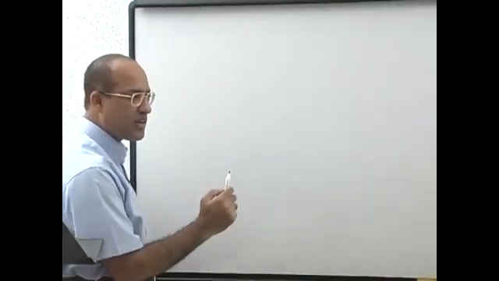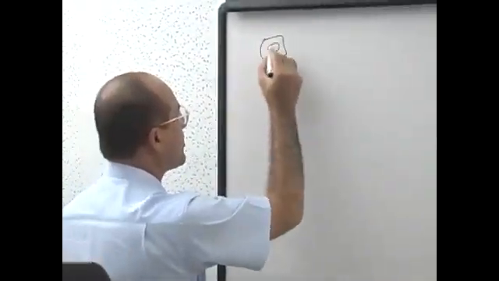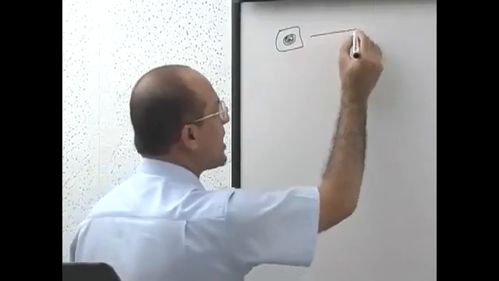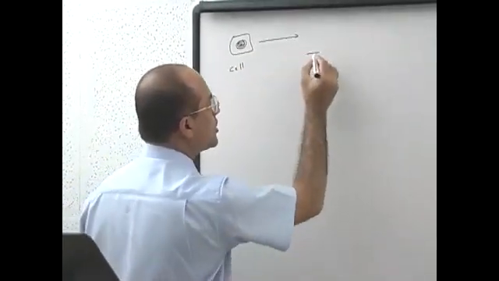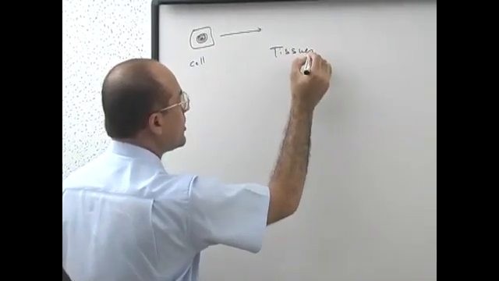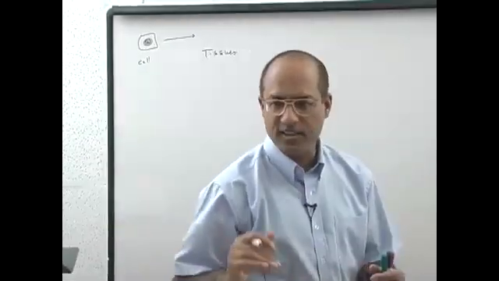You know that the basic fundamental block of life is the cell, isn't it? So let's start with cell, that this is a cell. Is that right? Now, actually cells are arranged together to make tissues. Now, what is tissue? First of all, we should define it. What is the difference between cell and tissue?